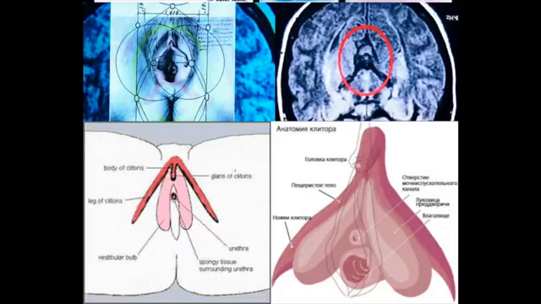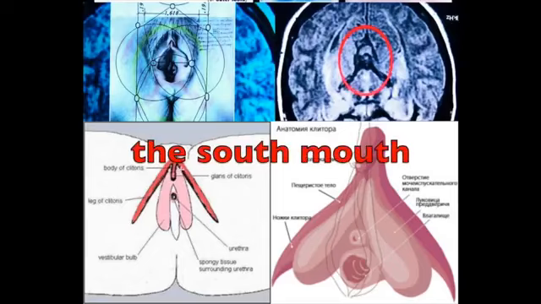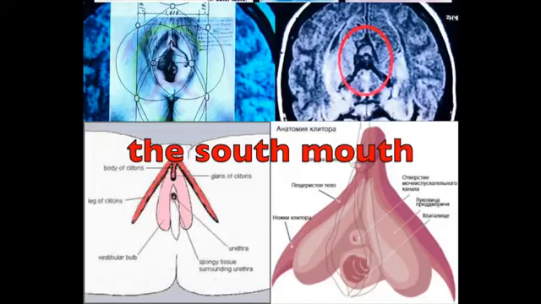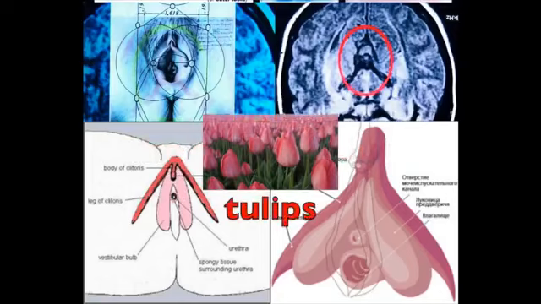And so, as is obviously apparent, the female anatomy has two sets of lips. You've got the lower lips, the labia majora, as well as the labia minora, and then you've got the obvious two lips of the mouth.